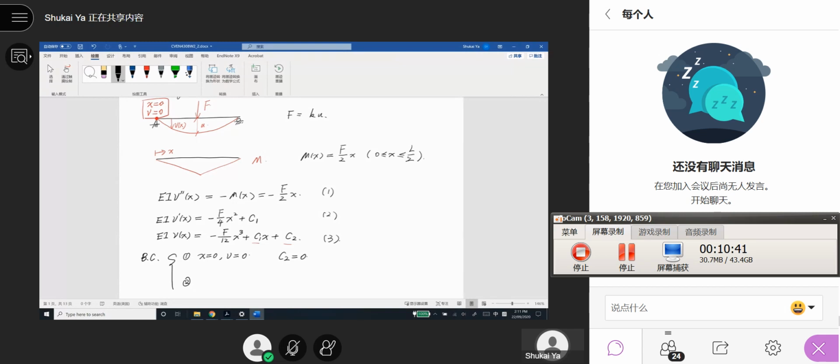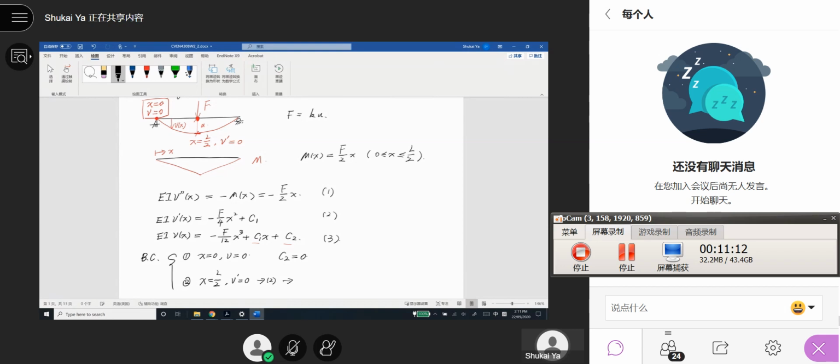For sure, because this problem is symmetric at the middle of the span, when x is equal to half L, the v prime should be equal to 0. The slope of the deformation should be equal to 0. Then we substitute that in equation 2.